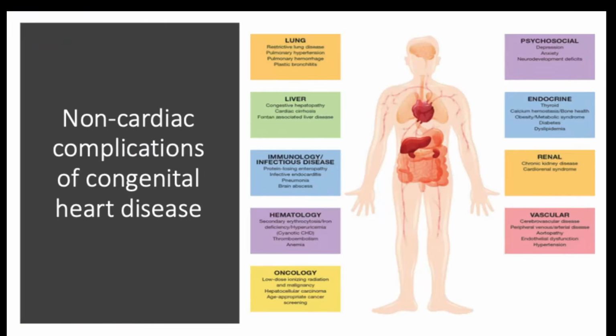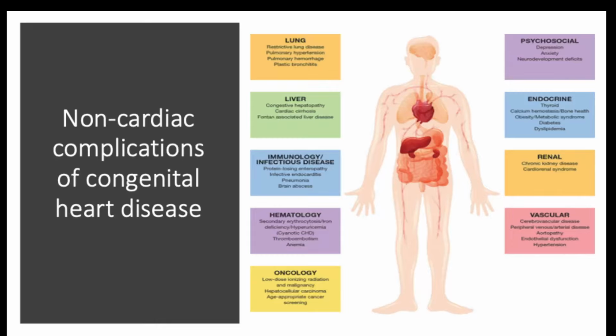What are the systemic complications? Well, when we look at the lungs, the first one is restrictive lung disease. So remember, this increase in pulmonary blood flow causes pulmonary hypertension, pulmonary vasoconstriction, and therefore causes restrictive lung disease, pulmonary hypertension, pulmonary hemorrhage, and plastic bronchitis.